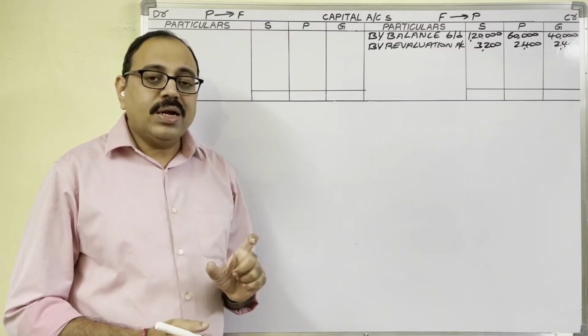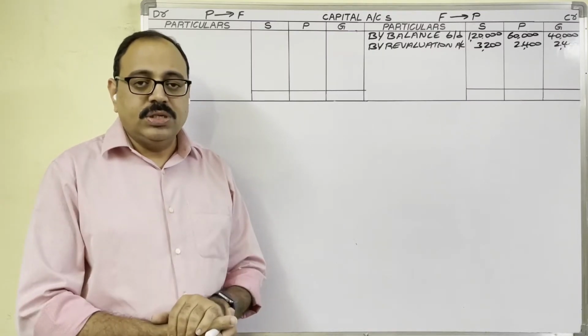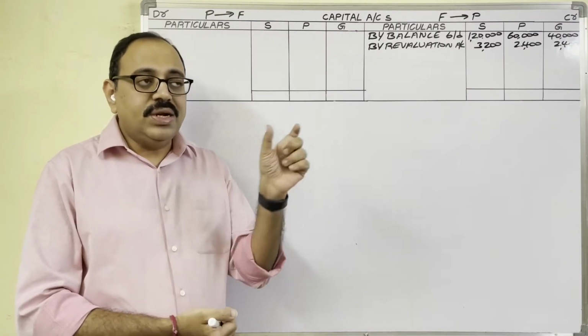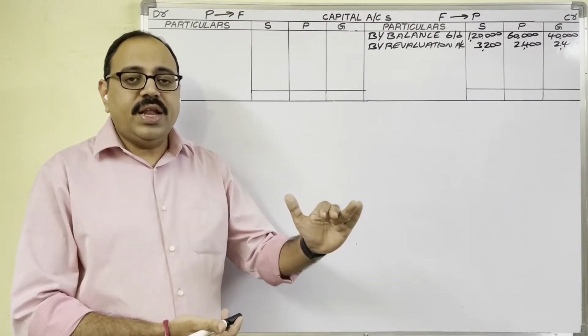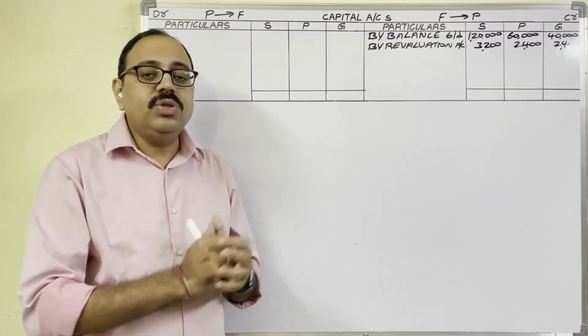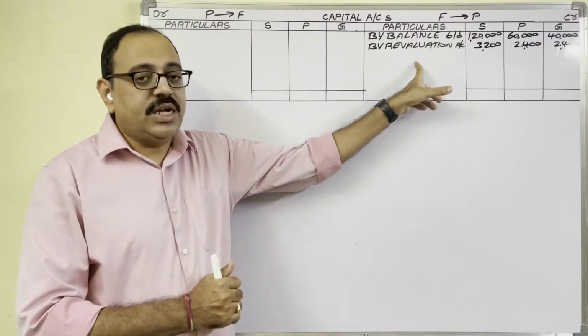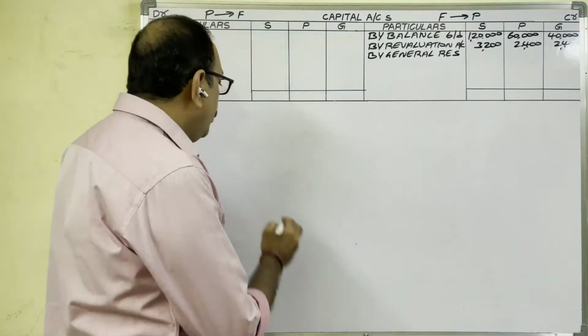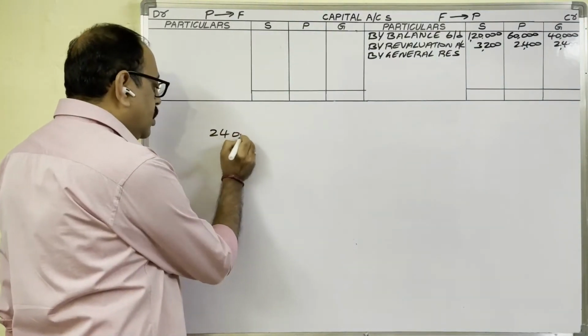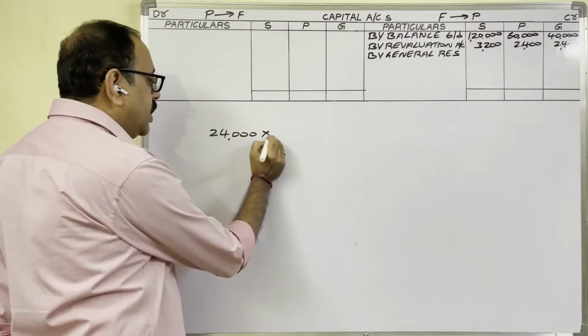So we have to transfer this amount to all partners. General reserve amount belongs to the 3 partners. So if they retire, the firm should pay these amounts to them. Means credit side, by general reserve account. The amount is 24,000, given on the liability side of the old balance sheet.